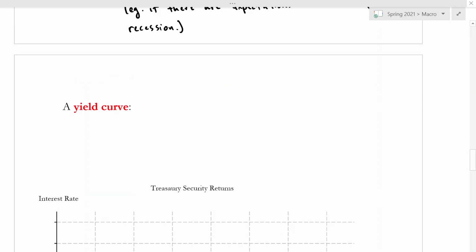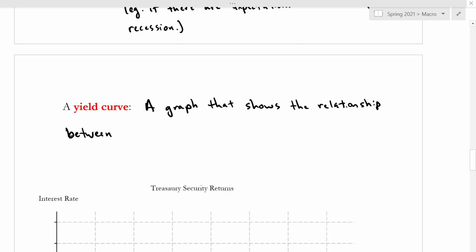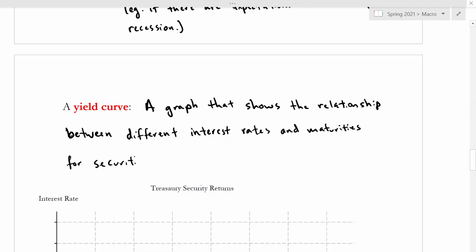A yield curve is a graph or curve that shows the relationship between different interest rates and maturities for securities. So usually we're talking about Treasury securities, those government bonds.